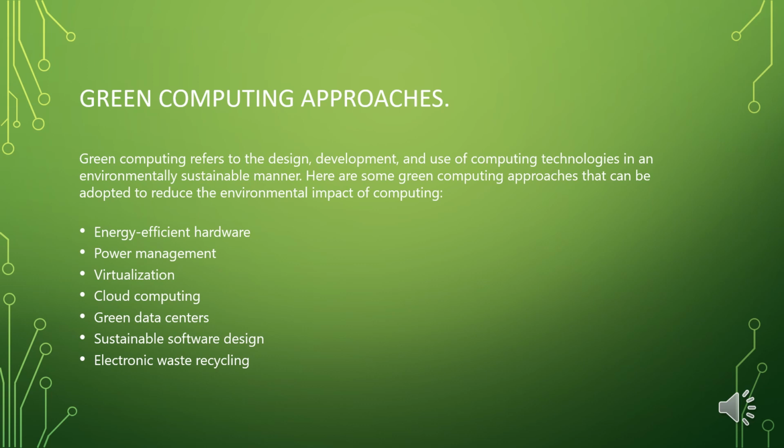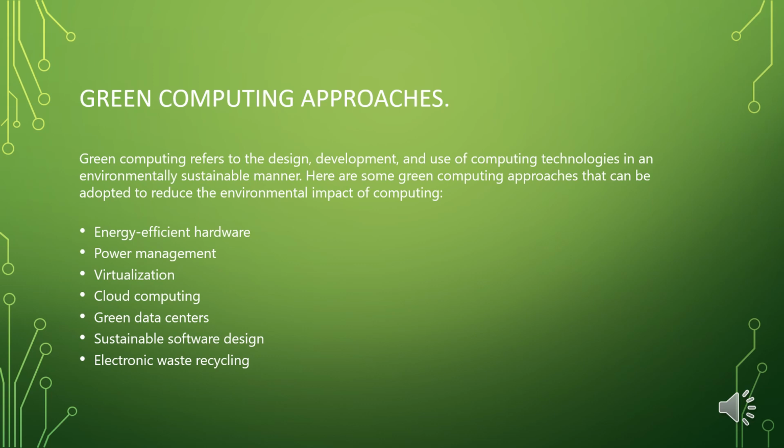Sixth one is sustainable software design. Sustainable software design involves optimizing software to reduce energy consumption. This can include using efficient algorithms, reducing the number of operations, and using power management features.